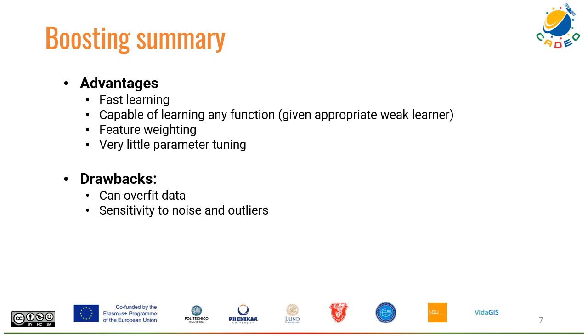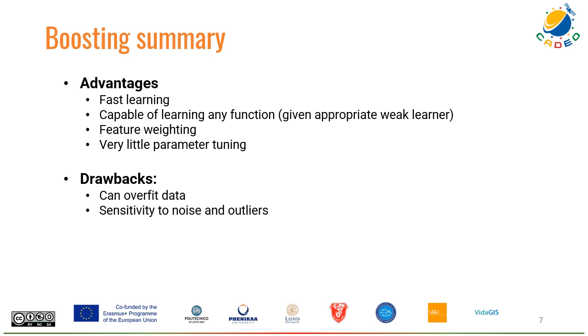Boosting naturally assigns higher weights to more informative features, allowing it to focus on the most relevant aspects of the data during the learning process. The last advantage is that it has very little parameter tuning. Boosting often requires minimal hyperparameter tuning compared to other algorithms, making it relatively easy to implement and can be used effectively and easily in various applications.